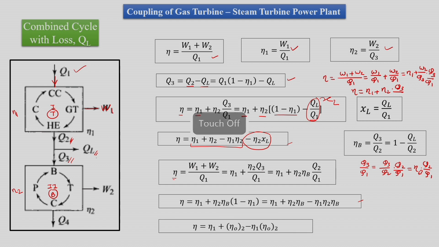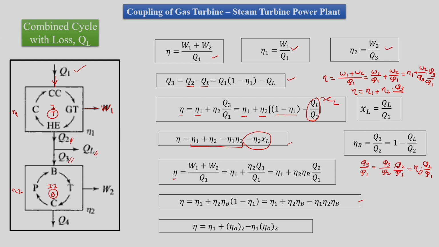Overall, we can also write this efficiency, which is a gross efficiency, as eta 1 plus eta naught 2 minus eta 1 into eta naught 2.